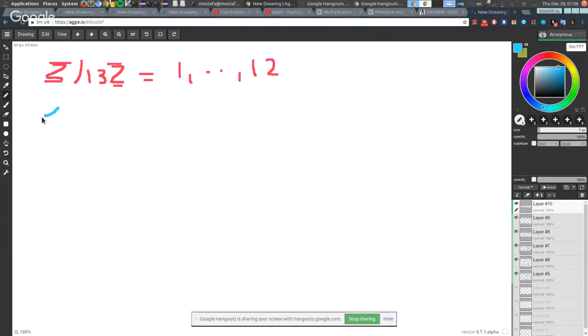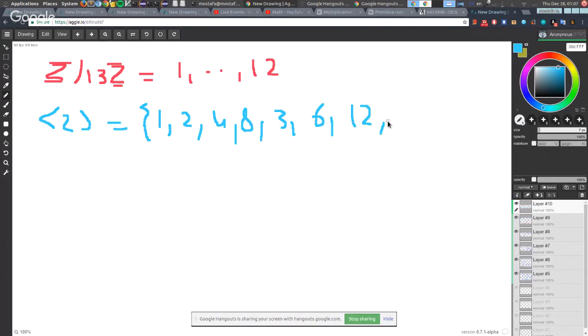Let's try to generate with 2. The powers of 2 give 1, 2, 4, 8, and 16, which is 3, then 6, 12, then 11, then 9, then 5, then 10, then 7, and then 1 again. So basically it starts to repeat here.